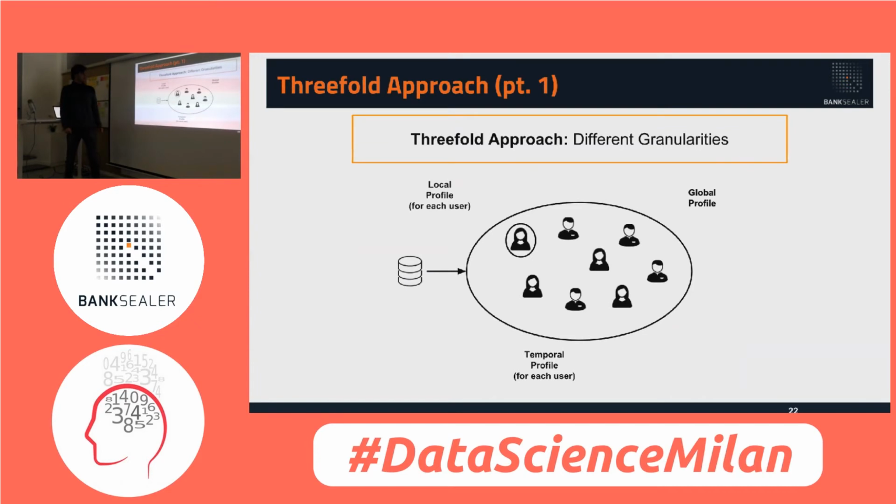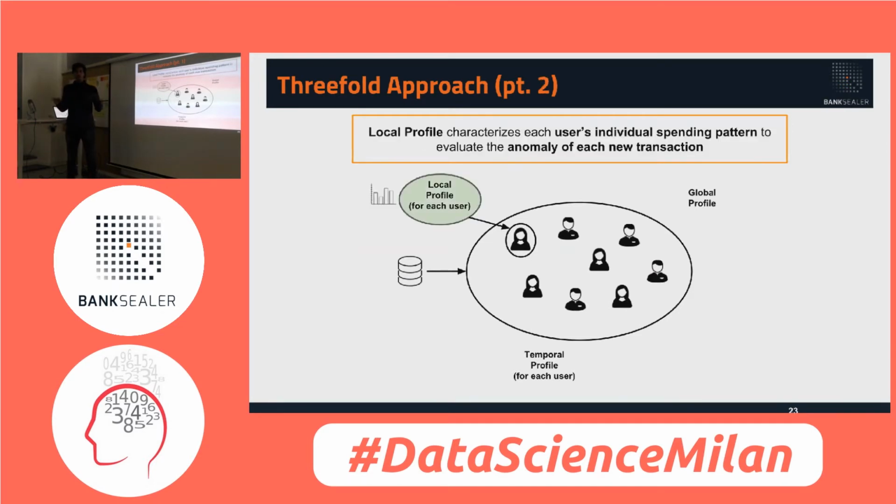So here we have our approach. The approach is based on three main algorithms that try to address different concerns. The first one, the most important one, is the local profile. The local profile is an algorithm that works on single users. We analyze a single user, we profile them, and we build histograms that represent the behavior of the user with respect to features.